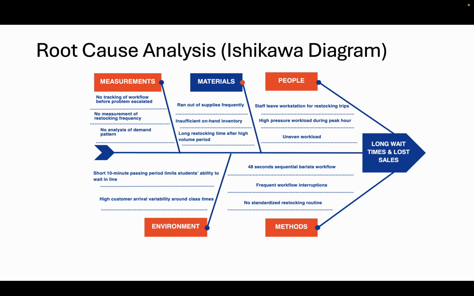Customer arrival is also highly variable around class times, creating short periods of intense demand that the cafe is not equipped to handle. Overall, when we combine these issues, lack of measurement, supply shortages, staff interruptions, sequential tasks, and intense time pressure, you can clearly see why long wait times and lost customers are happening.